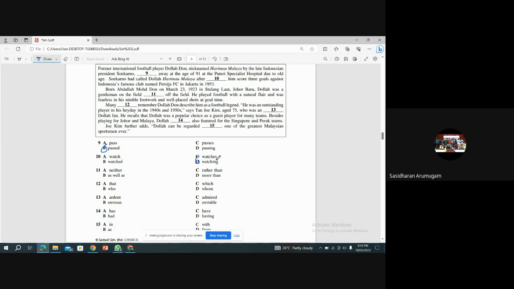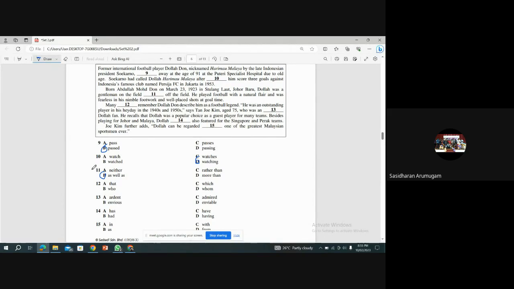Dola was a gentleman on the field as well as off the field, not only on the field and also off the field. So he played football with a natural flair and was fearless in the nimble footwork and well-placed shots at goal time.